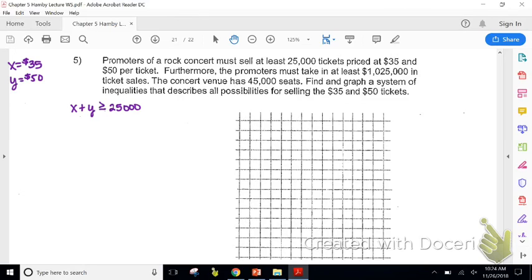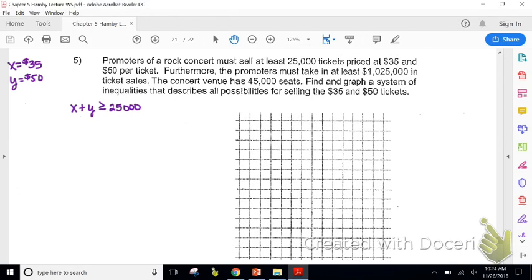All right, what else do we know? Okay, the 45,000 seats, is that something we need to know? No, it's not really irrelevant. It means we can't sell any more than that, but we're not going to worry about that yet.